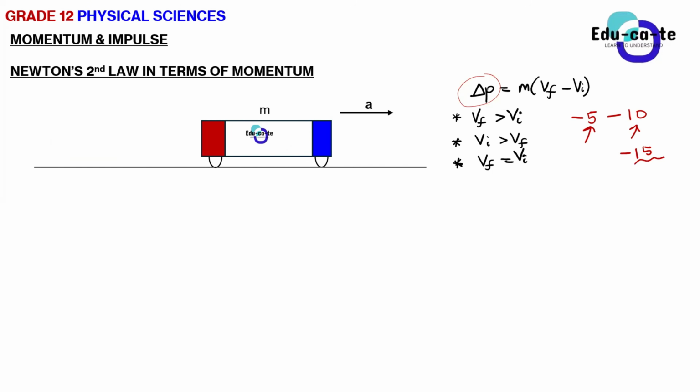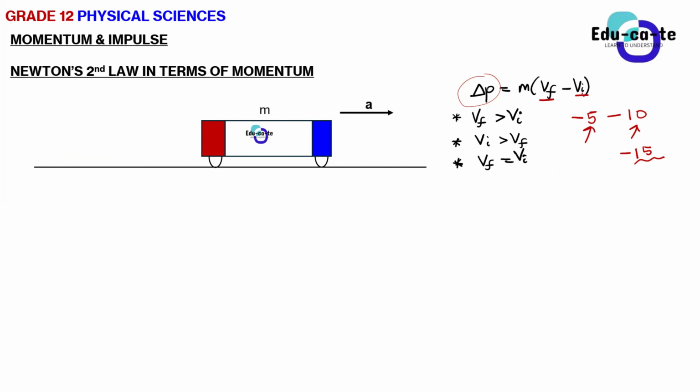Because if we start explaining negative values, they need you to be someone who's enthusiastic about the maths. You can go do the research, but the idea here is let's just work with positive numbers, whereby you have VF greater than VI.